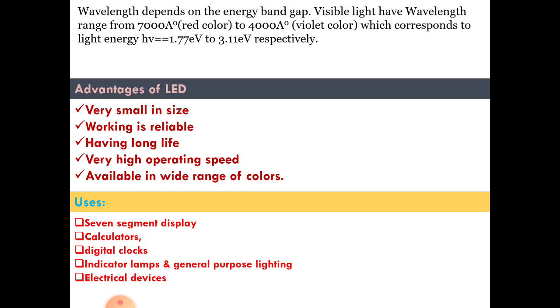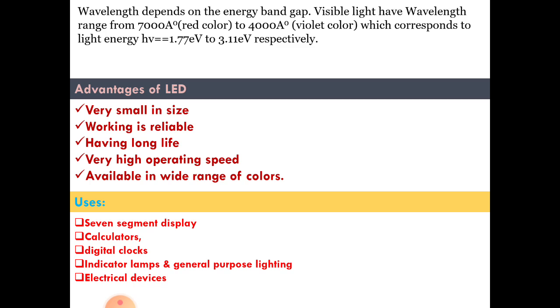Advantages of LED. LEDs are very small in size, so we can easily carry them. Working is reliable, having long life, very high operating speed, and available in a wide range of colors.